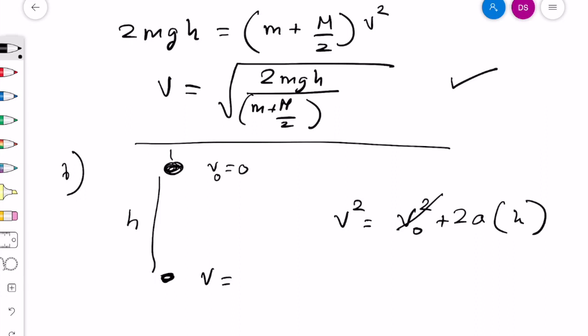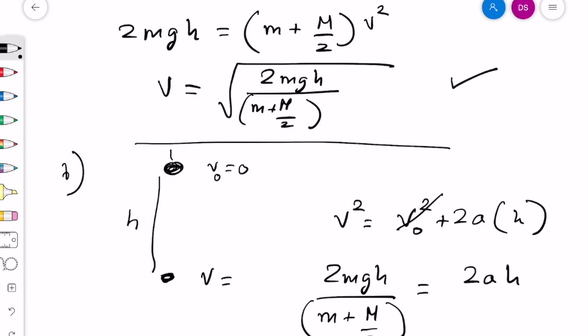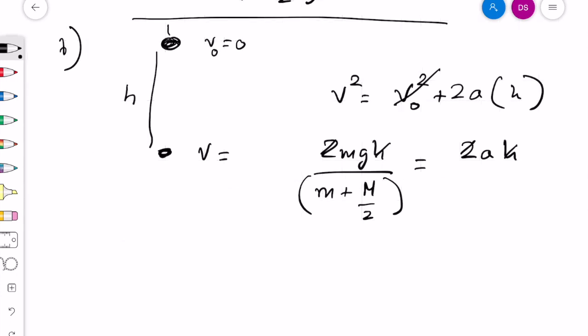V final squared we just found is 2 mgh divided by m plus capital M divided by 2, is equal to 2a times h. The h cancels out, the 2 cancels out, and so you get acceleration is equal to m divided by m plus capital M divided by 2, multiplied by g.